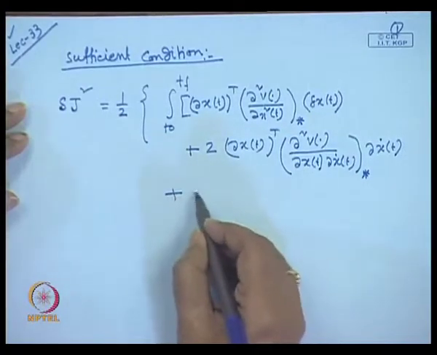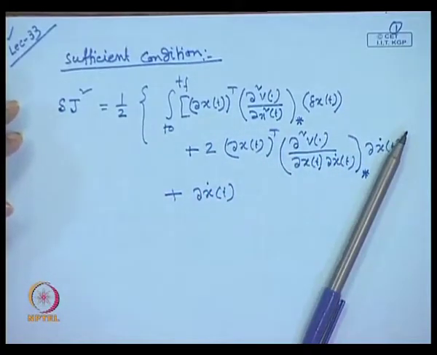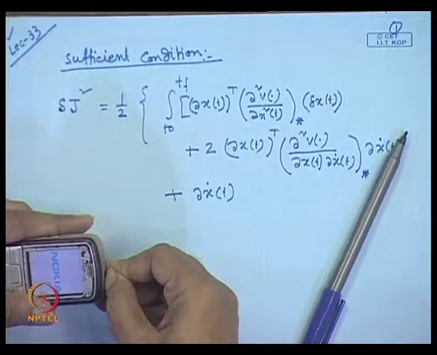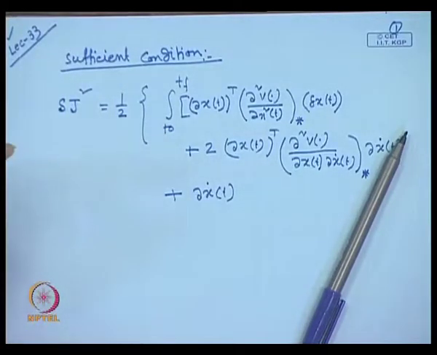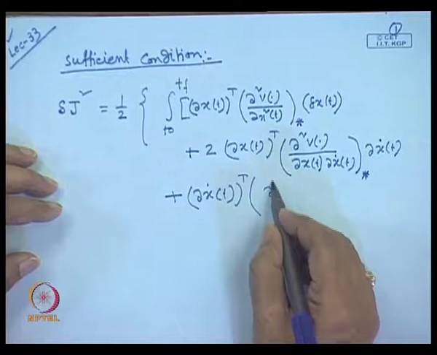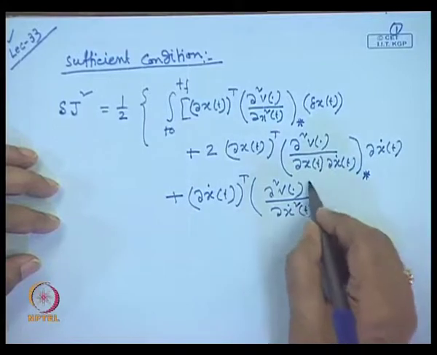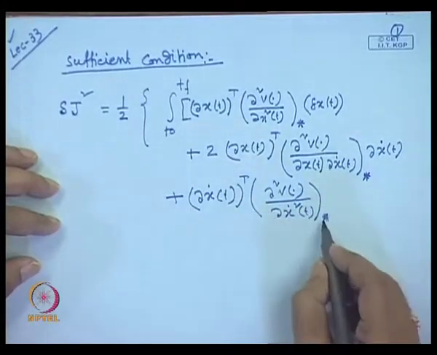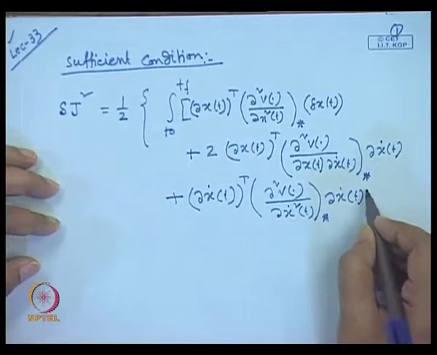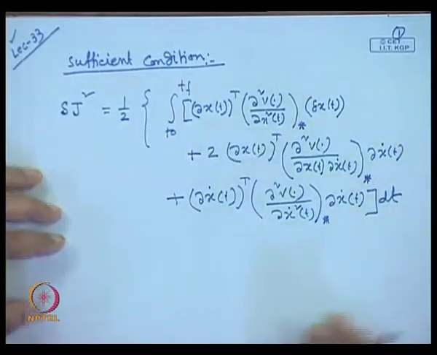Then plus delta x dot of t transpose, delta squared V over delta x dot squared of t, this matrix computed along the trajectory, star meaning along the trajectory, multiplied by delta x dot of t. This bracket and this bracket are complete, and then we integrate with respect to t.